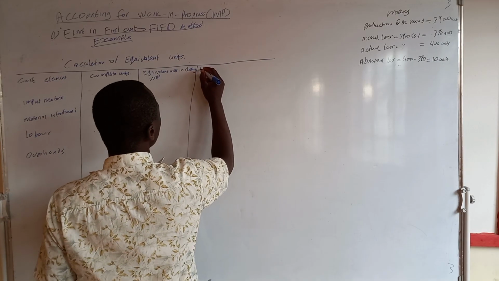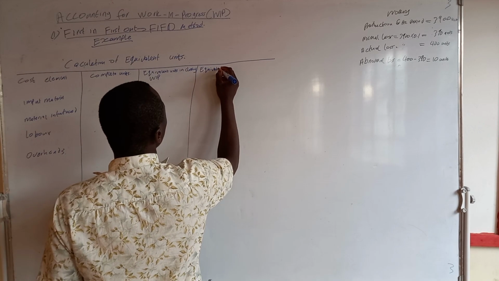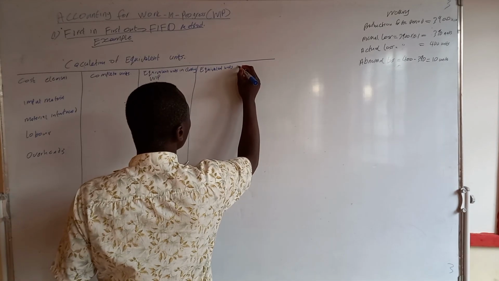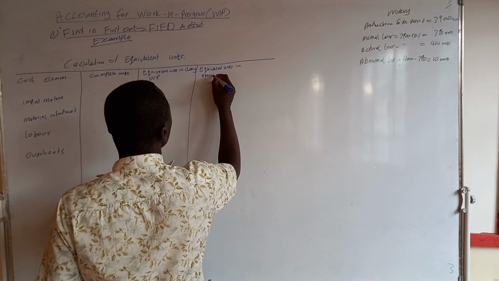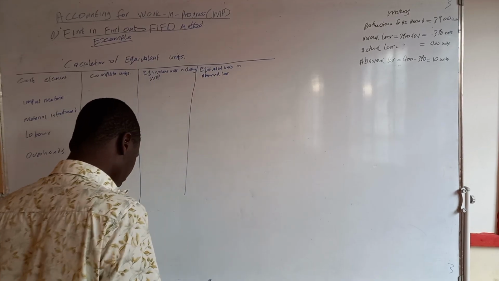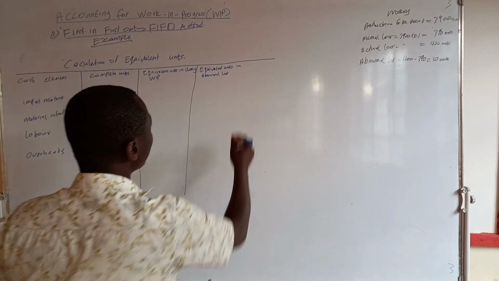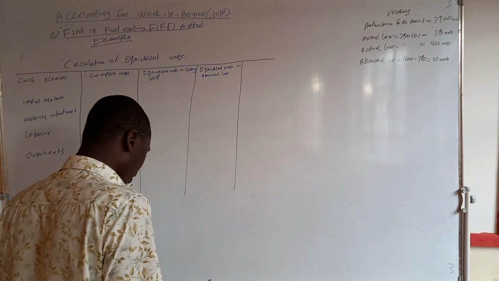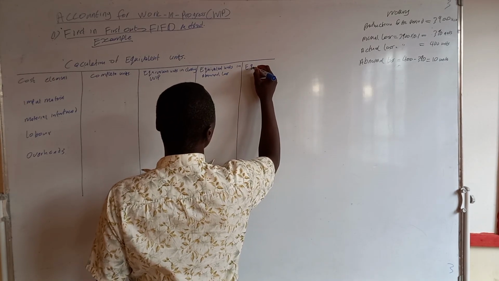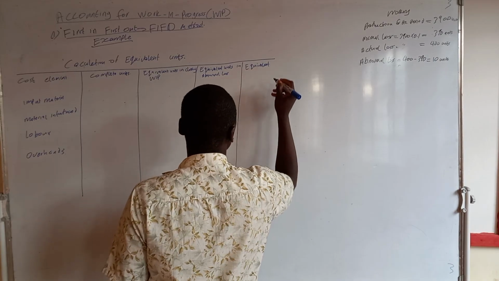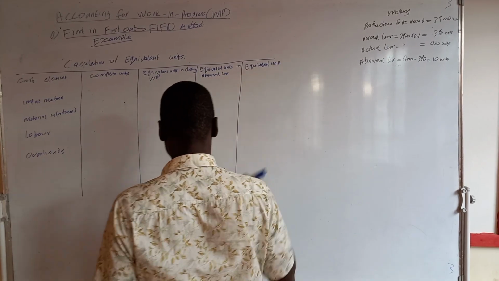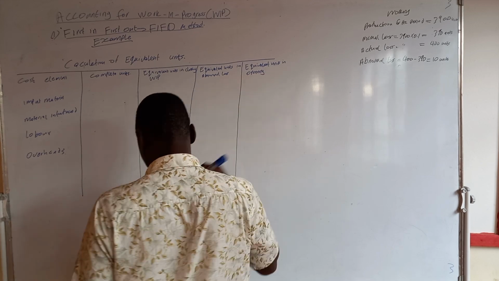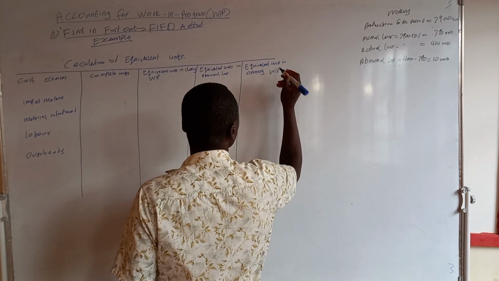Then what we have again is equivalent units in opening work in progress.